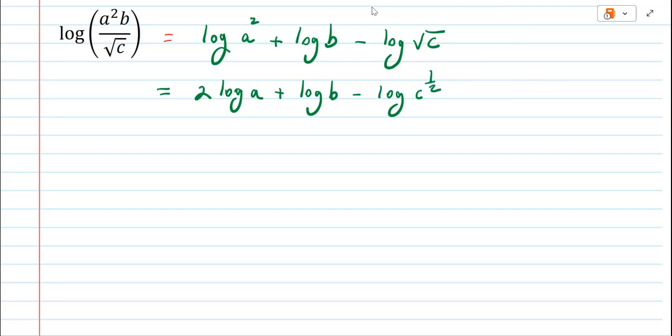We are changing the square root of c to exponential form instead of radical form, and that becomes c to the 1 over 2, or to the exponent of that. And then the last step, I just added one more step. So 2 log of a plus log of b minus 1/2 log of c.